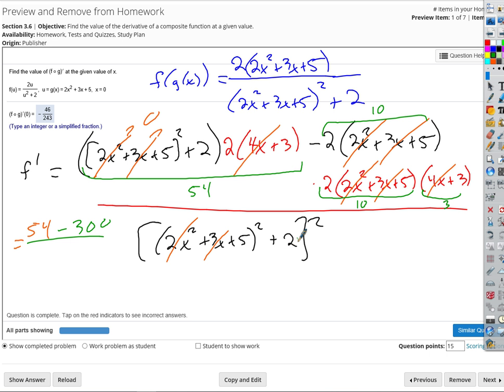Yikes. For somebody with a calculator, 54 minus 300 is negative 246. What's 27 squared? 729.